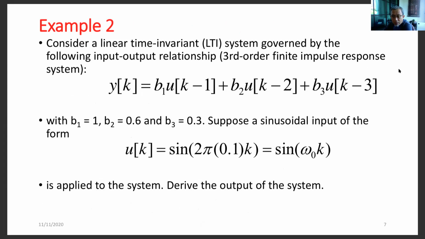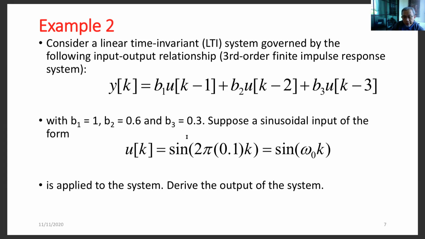This is a sample of it, where y_k is equal to b1 u_(k-1) plus b2 u_(k-2) plus b3 u_(k-3). So you can see that it goes up to 3. This is the highest order of the FIR, which is a third order. With b1 equal to 1, b2 equal to 0.6, and b3 equal to 0.3.